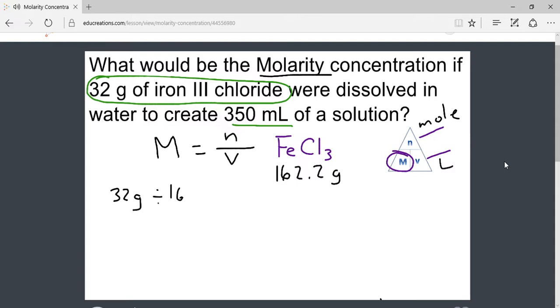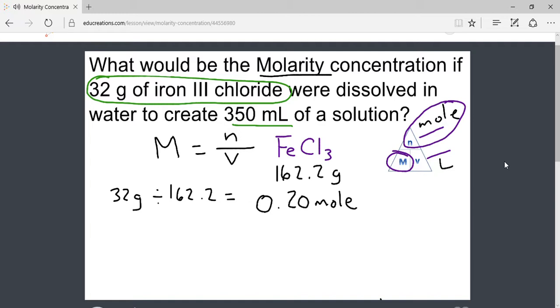Therefore, we will divide by 162.2 to arrive at the number of moles necessary. This gives us a total number of moles of 0.20 moles of iron 3 chloride. What this provides for us is the N, or the mole amount necessary for the formula.